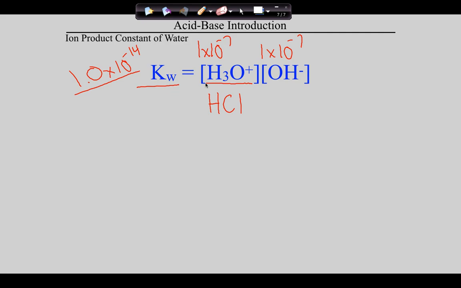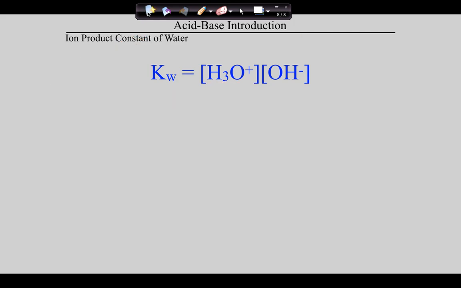So guys, what's going to happen to the hydronium ion concentration? It's going to go up. But this doesn't change, right? So if that doesn't change and this goes up, what does that have to do? Go down. So guys, understand that this bare equation that describes the playground is a fixed point.